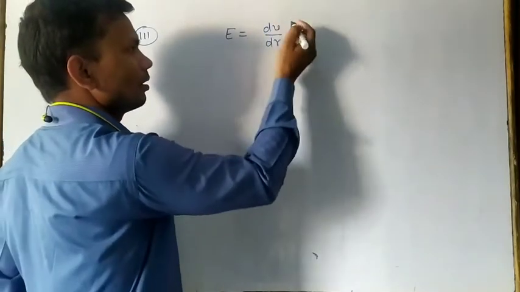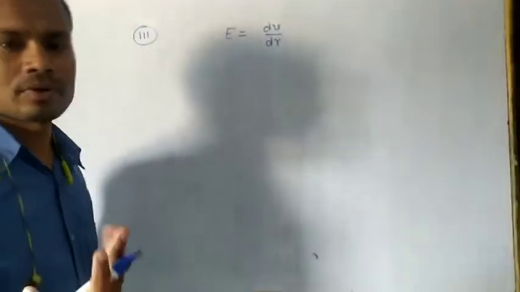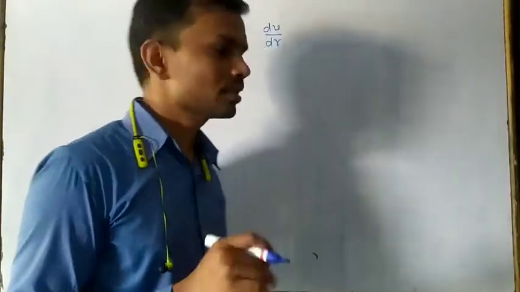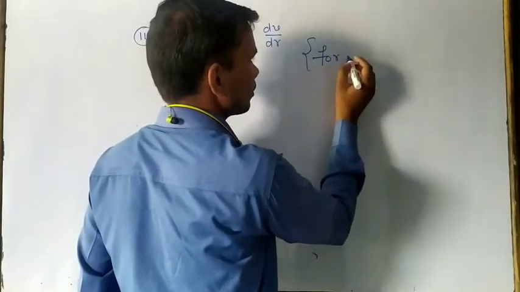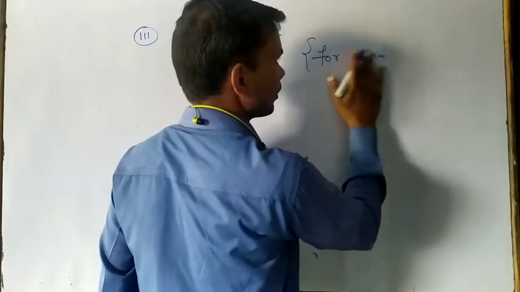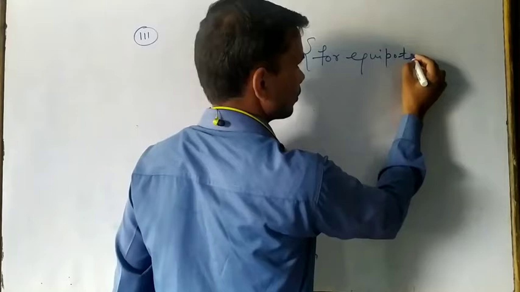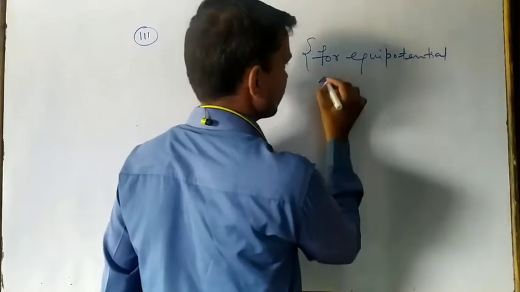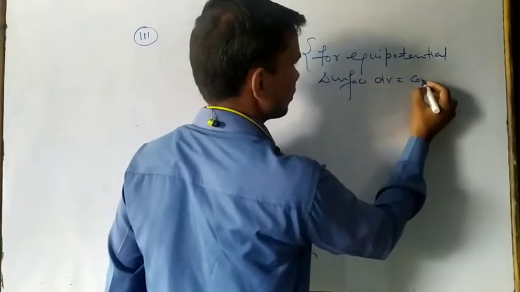So for an equipotential surface, dV is constant, means at each and every point the value of electric potential is constant.